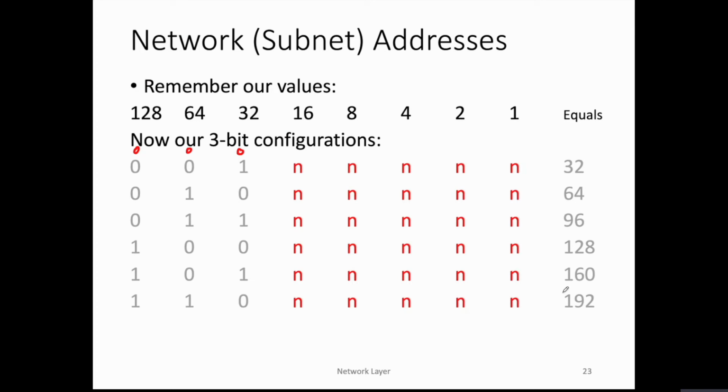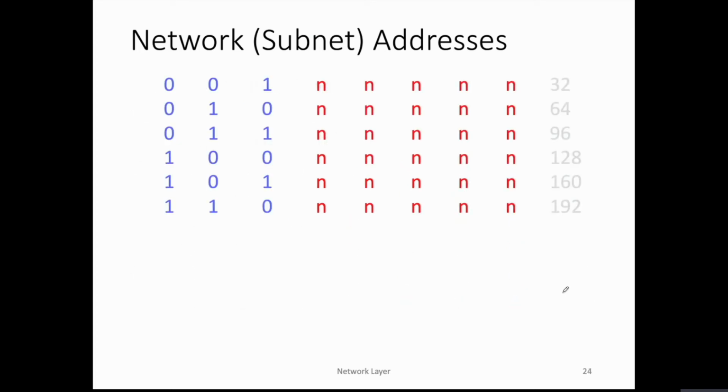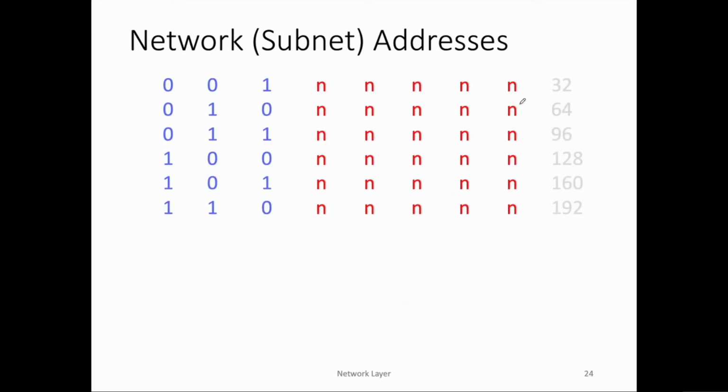This way we can have the subnet addresses, which is very clear here also. So these are the combinations that I applied, and these are the values of the last octet: 32, 64, 96, 128, 160.